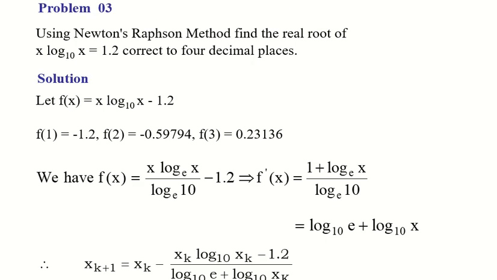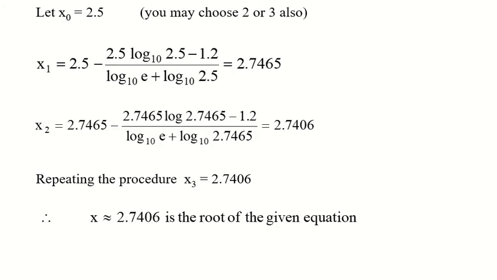x1 is x naught minus x naught into log x naught minus 1.2, divided by log e to the base 10 plus log x naught to the base 10. You are putting k equal to 0.